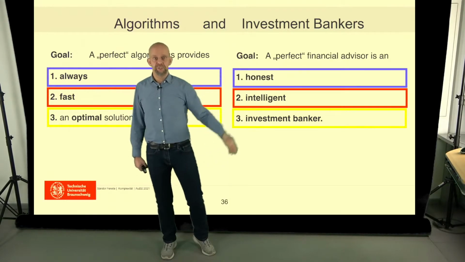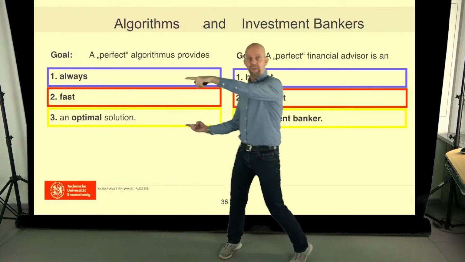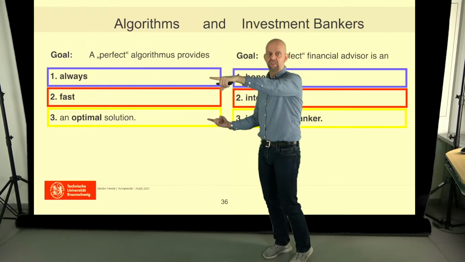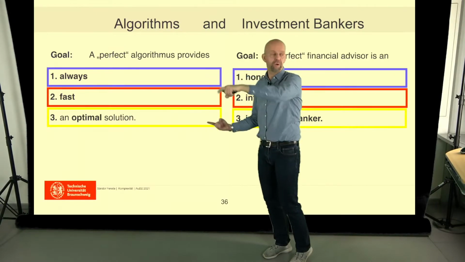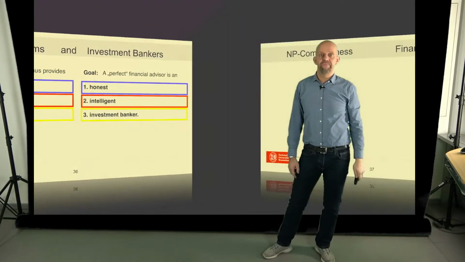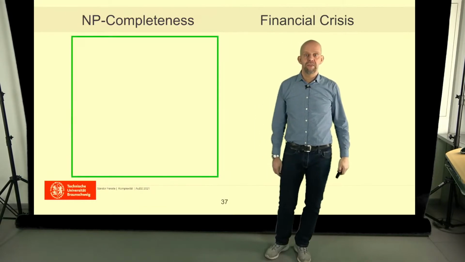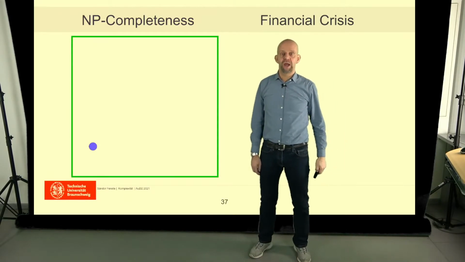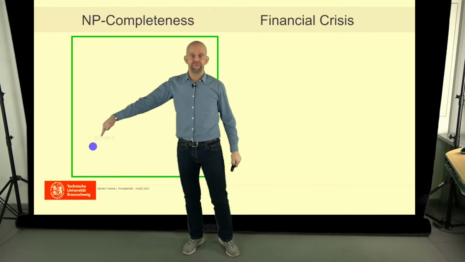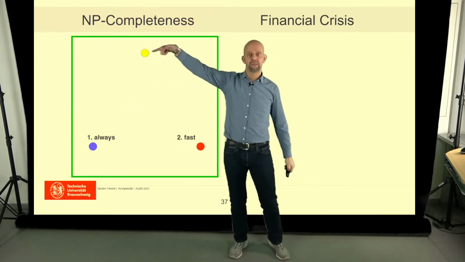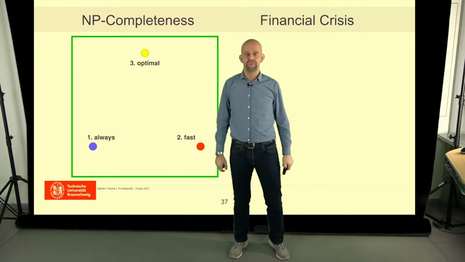And so far, so good. But the same thing happens here. You cannot have all three of these properties together for a difficult problem. So if you have NP completeness and financial crisis, then what you have is these three properties of always, fast, optimal solution.